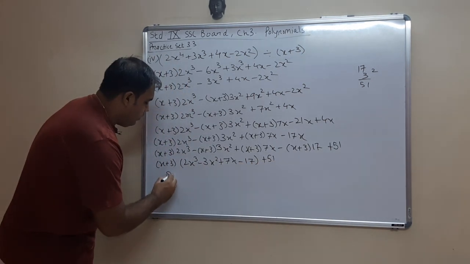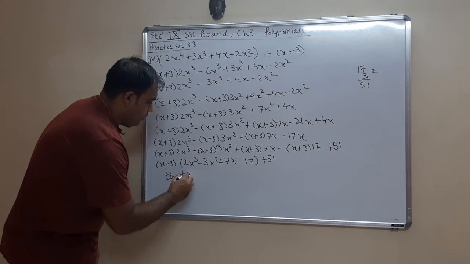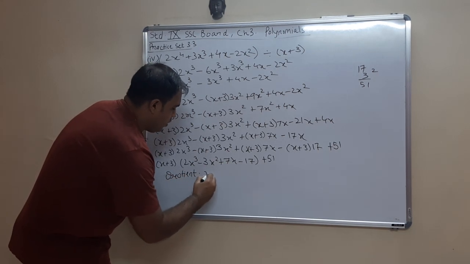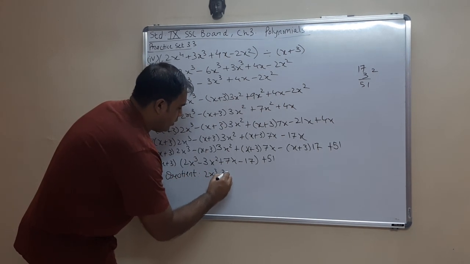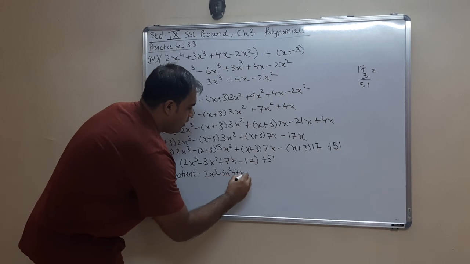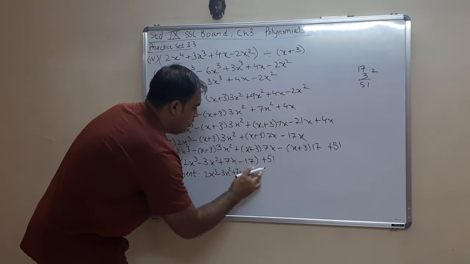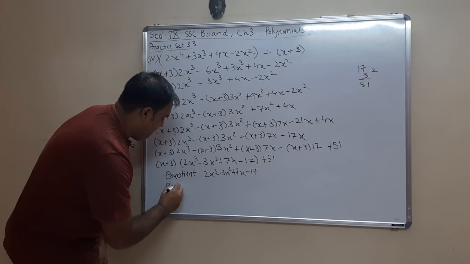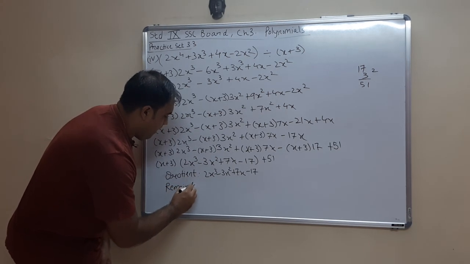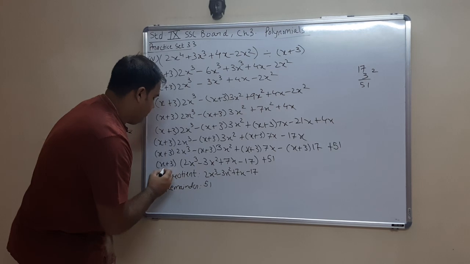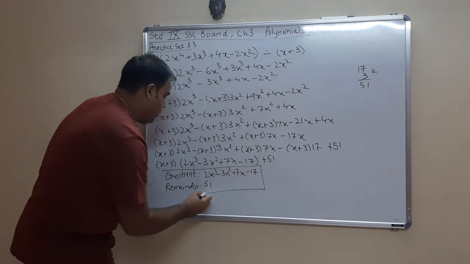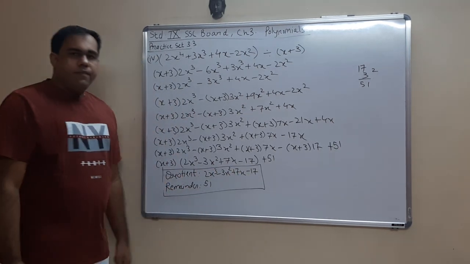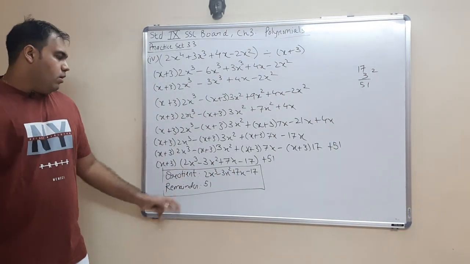So quotient 2x cube minus 3x² plus 7x minus 17 and remainder 51. That is the answer.